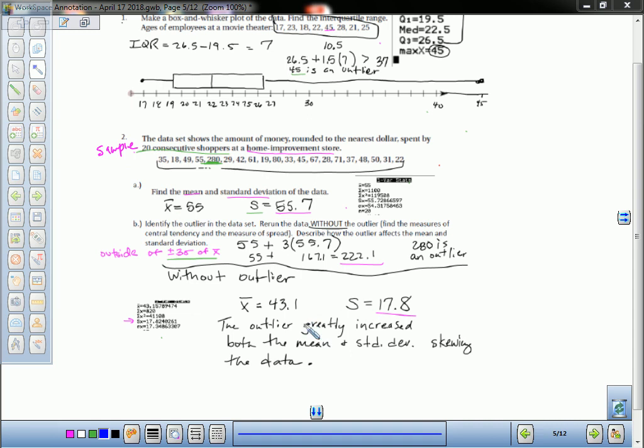See, our mean went from 55 to 43. Once we threw out that outlier, our standard deviation went from 55 to 17. Much smaller. Yes, ma'am. Could you also say that the outlier decreased the mean and the standard deviation? Like it was a decrease without it? Oh, without the outlier, it decreased.